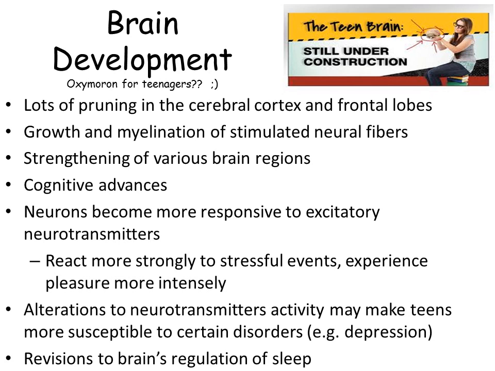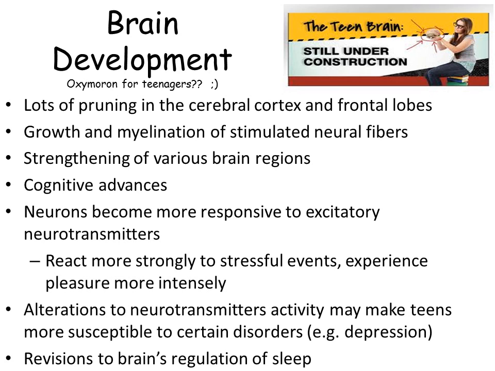And we know that there's a change in the brain's regulation of sleep. Perhaps because the brain is so busy developing, kind of the final touches, teenagers need more sleep. We know that. We covered this in the last chapter. There was a recent study saying that teenagers literally cannot fall asleep, many of them, before 10 or 11 o'clock at night.